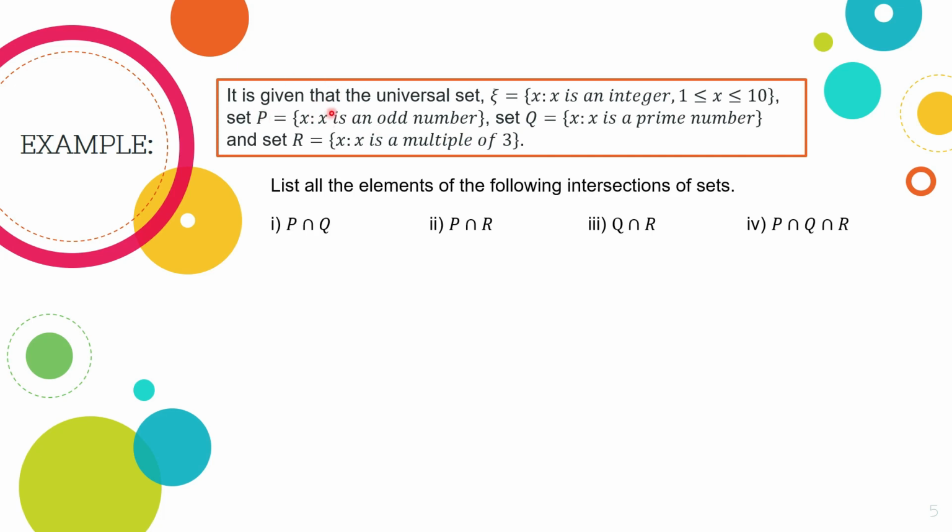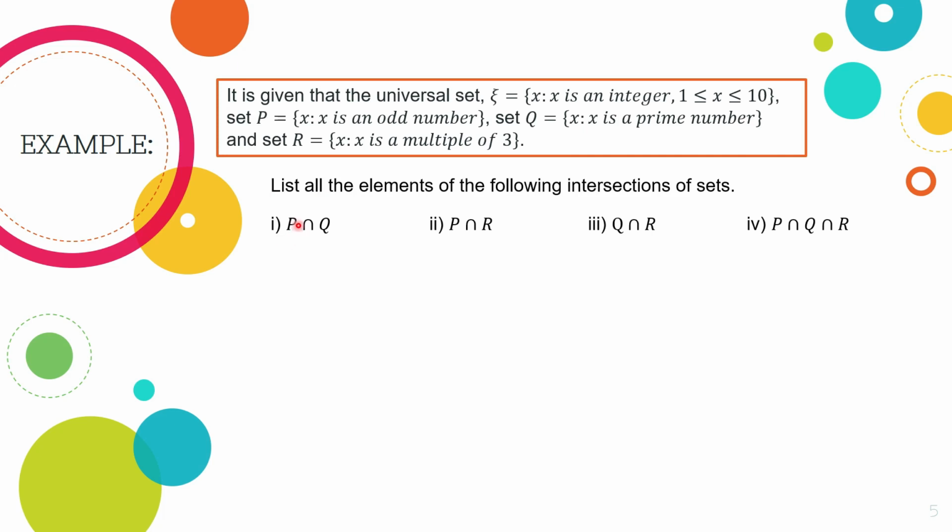Set Q is x, a prime number, and the last one, set R, is x, a multiple of 3. This is the question: list all the elements of the following intersections of sets. Just now we already learned that the intersection is the common elements in both sets.